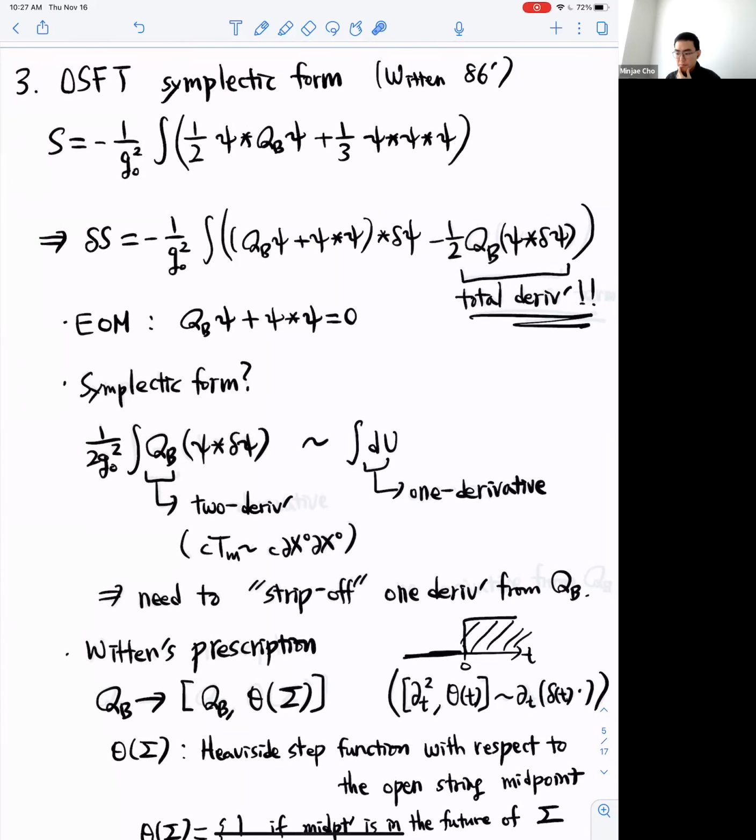So for the cubic term, we actually use the cyclicity of the vertex to move the variation around. Yes, I know, but wouldn't that also be violated in presence of a boundary? Because the cyclicity basically follows from conformal invariance, right? In some papers it's argued that conformal invariance is broken if there is a boundary in target space present.